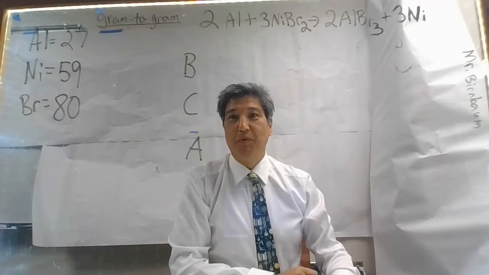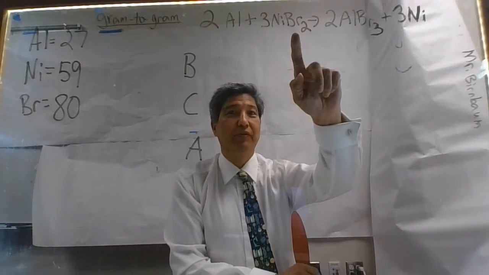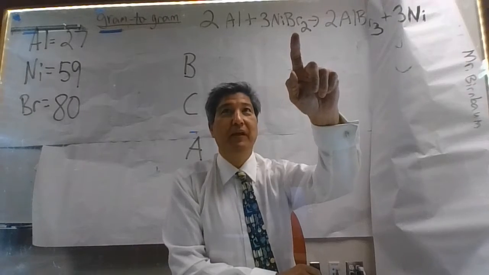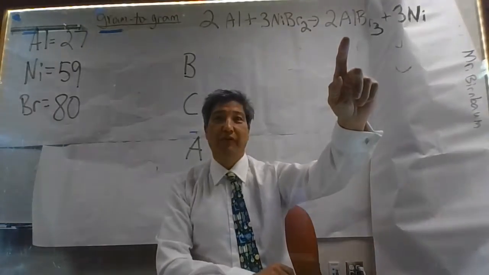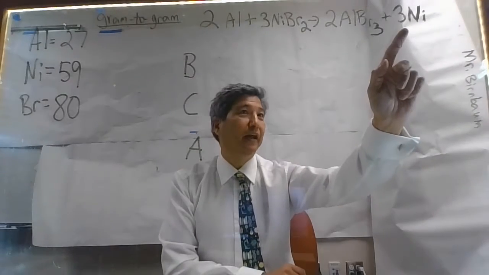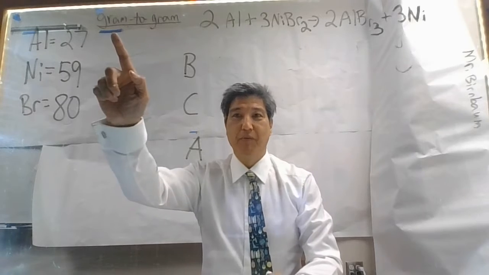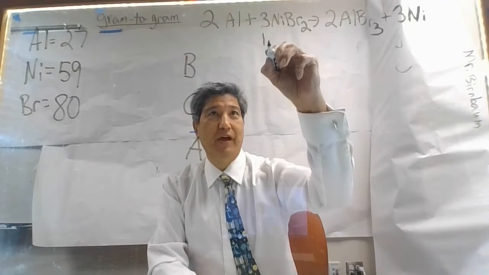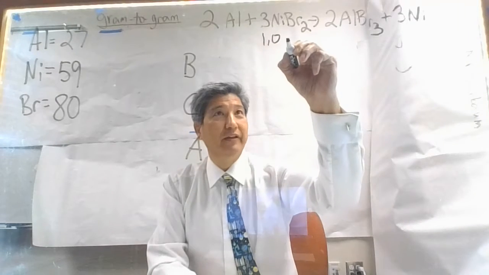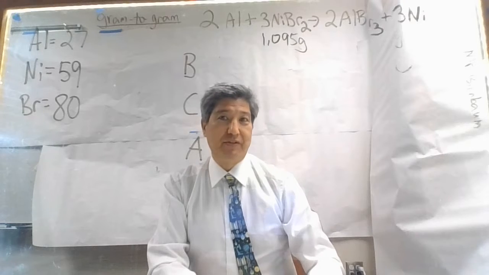So in this problem, we're going to start off with 2 moles of aluminum and 3 moles of NiBr2, and these two reactants are going to combine and form 2 moles of AlBr3 and 3 moles of nickel. We're going to start off with grams, and in this question we're going to start off with 1,095 grams of NiBr2.